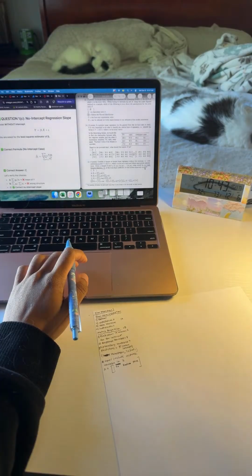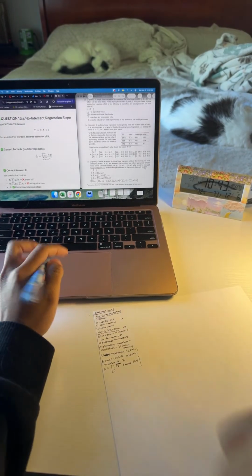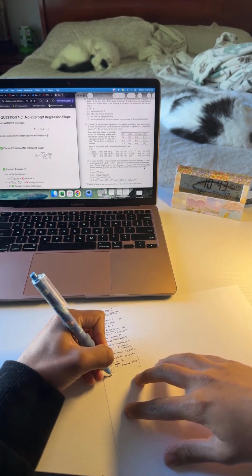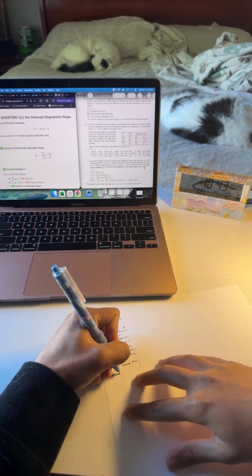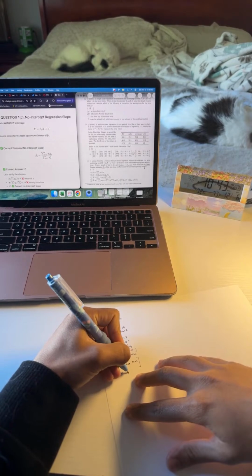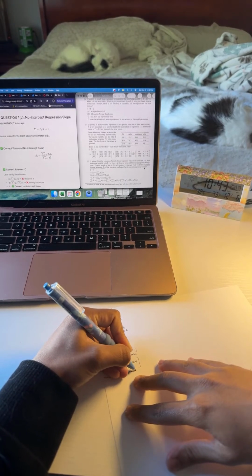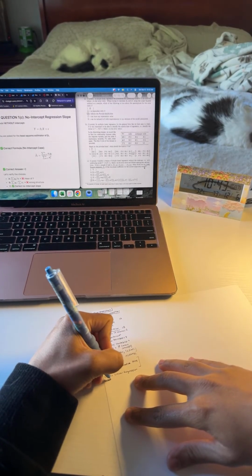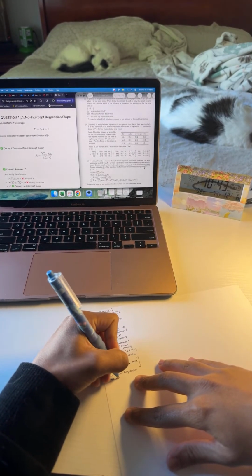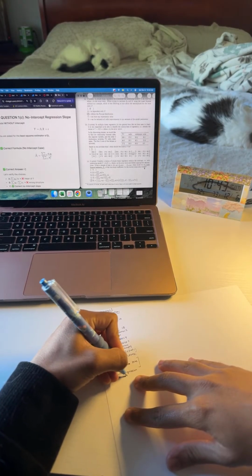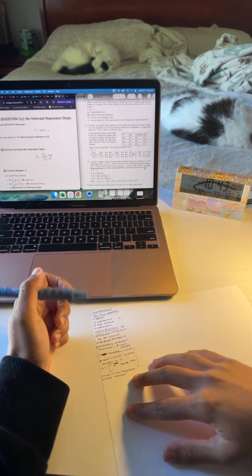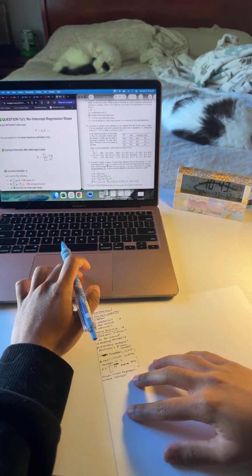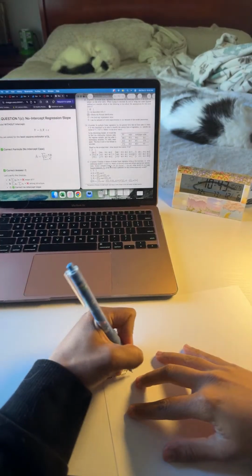Simple linear regression without intercept, y equals beta 1 x plus epsilon.